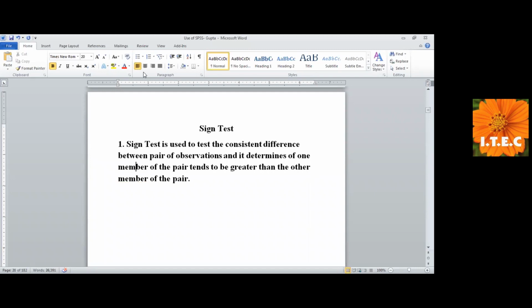So that means you have the pair, and it says whether one member of the pair differs from the other. That is what the sign test will try to find out.